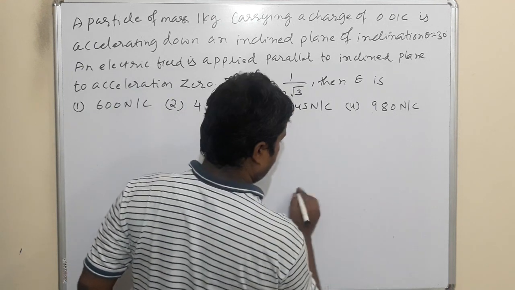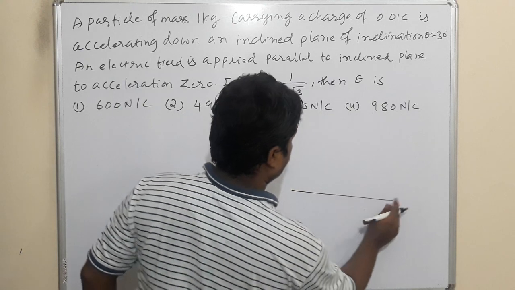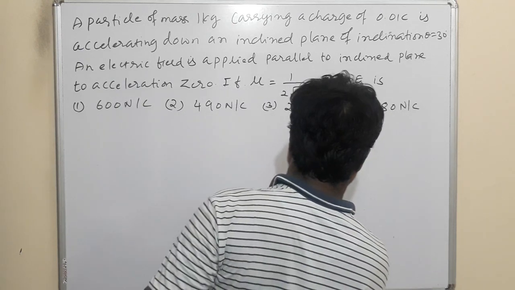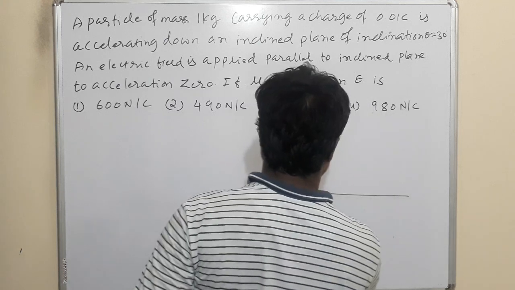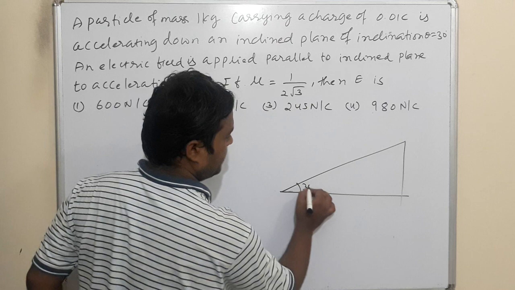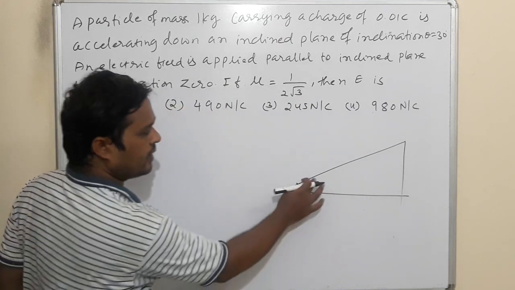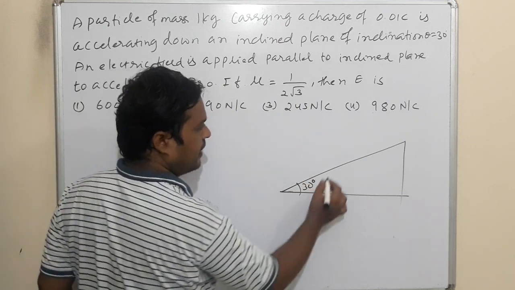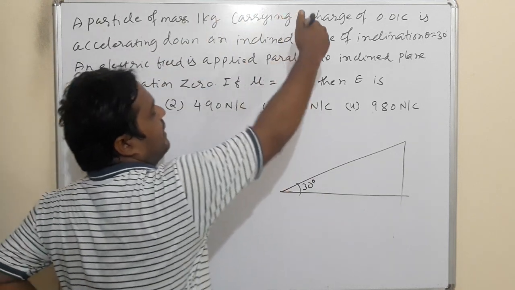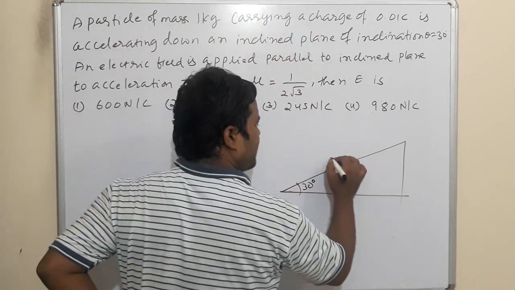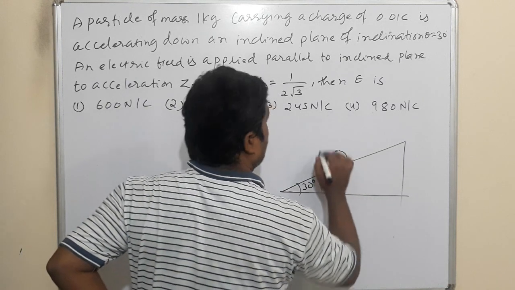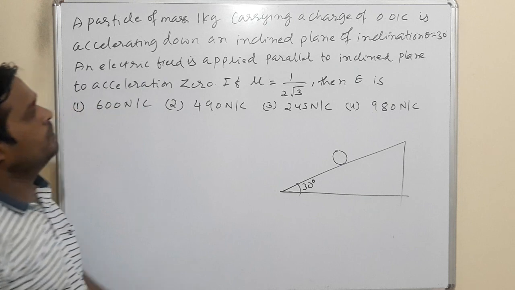We will draw a little bigger figure. When this is 30 degree and this particle has some charge Q, which is 0.01 coulomb.